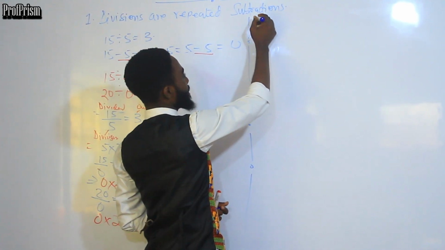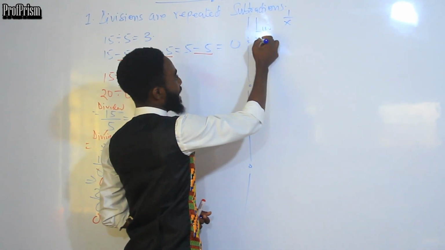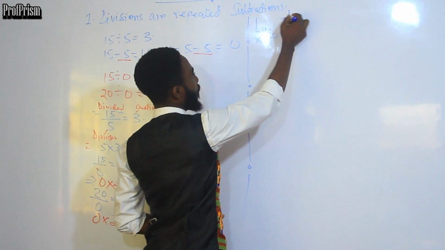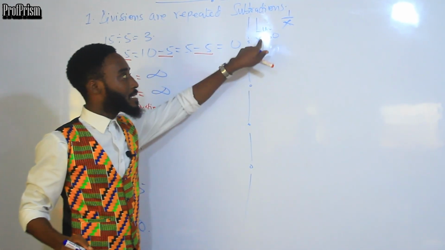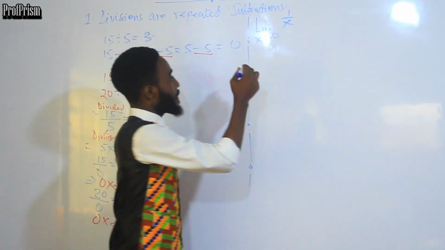So let's take the limit as x approaches 0 of 1 over x. That would mean something like this.